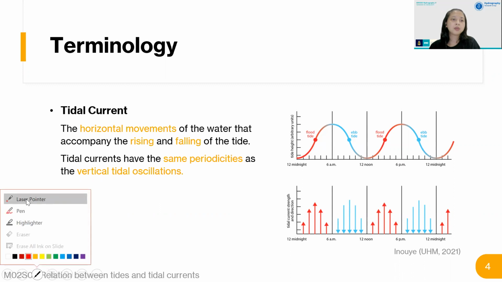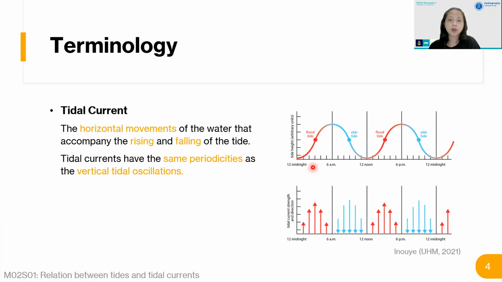The horizontal movement of the water depends on what happens to the water level. Okay, so when the flood state is happening, when the water level is rising, then you can imagine that there is a movement of the mass of water from the sea inland. And at ebb, it's actually the other way around, so from the land going seaward.